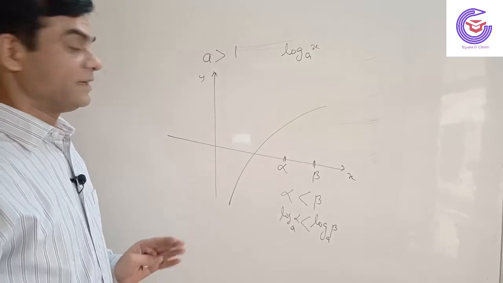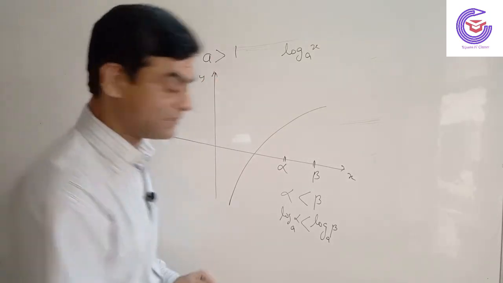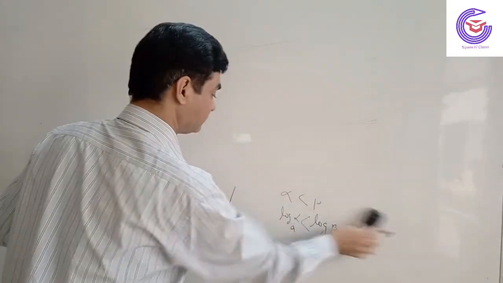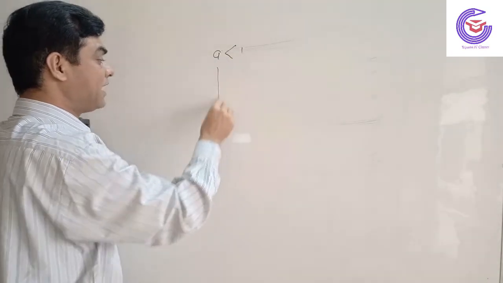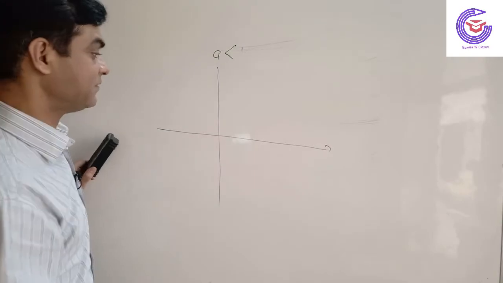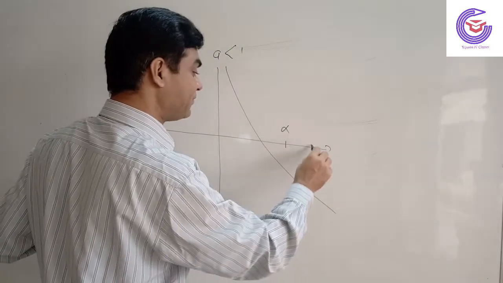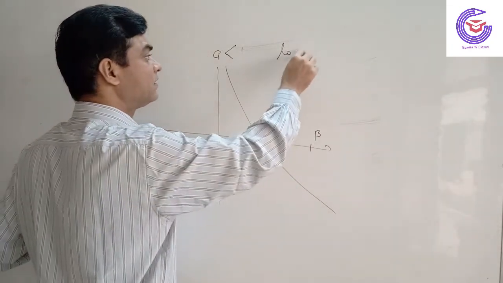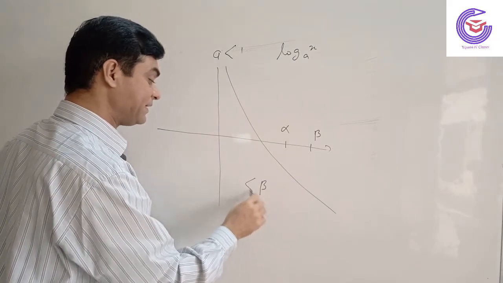Always. In the second case, suppose a is less than 1. What happens in that case? When a is less than 1, your graph is just reversed. It is like that. So what happens here if you take alpha and beta? In this case, for log x base a, what happens if beta is greater than alpha?